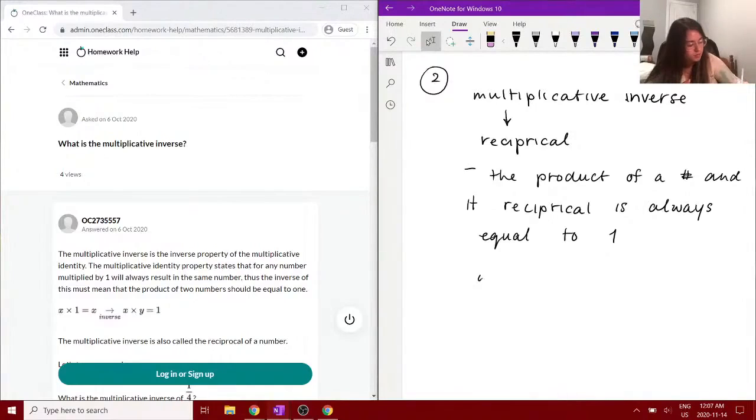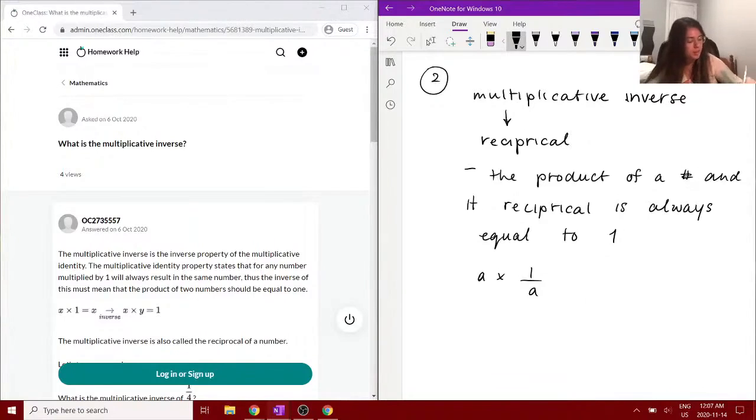Okay, so if we have a number a and we multiply it by its reciprocal, so reciprocal is you're flipping the numerator and denominator. So, you know, every integer is over 1, but you just obviously don't write the 1 in the denominator. You only write what's in the numerator.